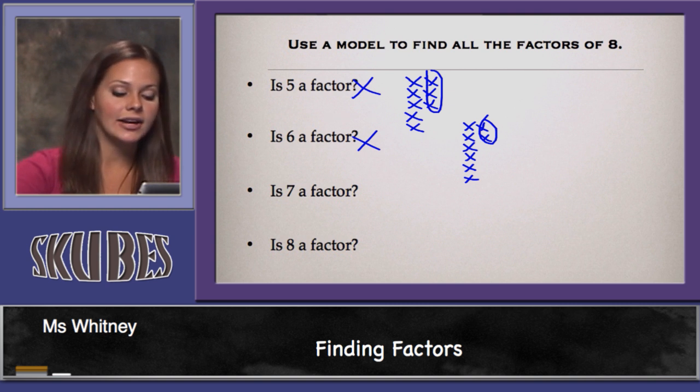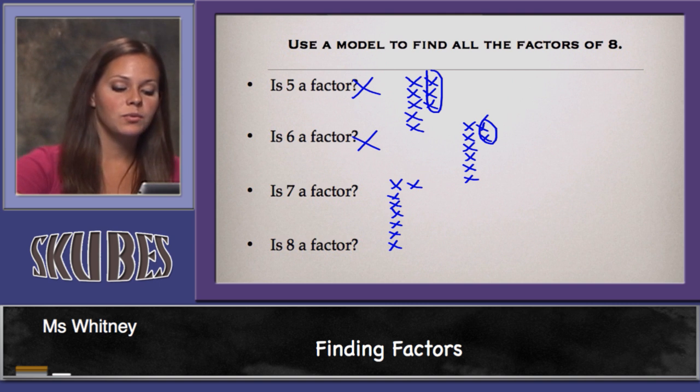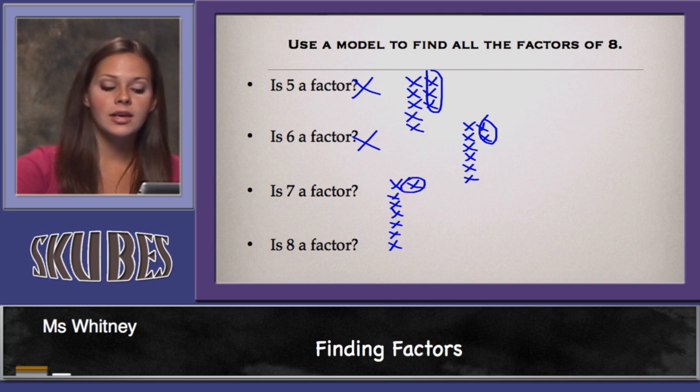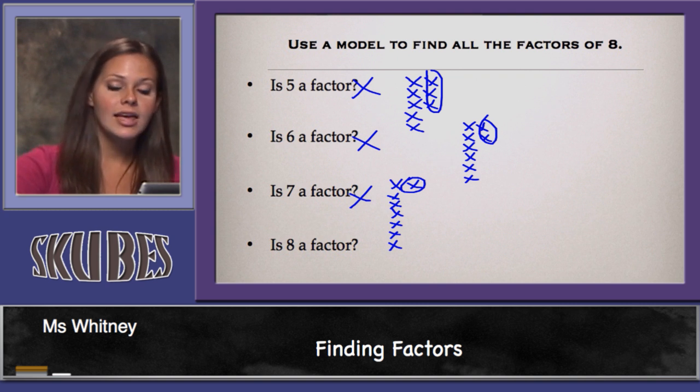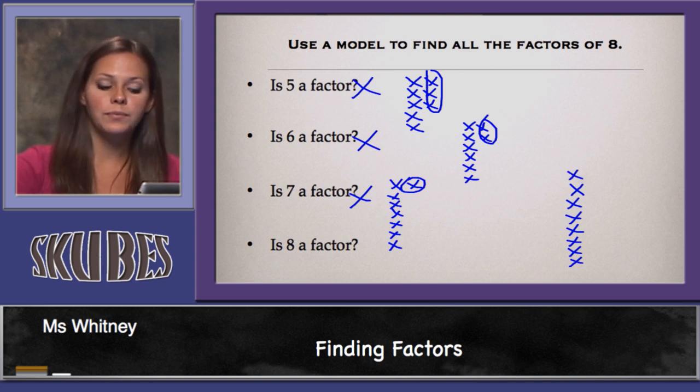Let's see if 7 is a factor. First, let's model. We made 7 rows. We have 1 left over. So 7 is not a factor of 8. Is 8 a factor of 8? We'll make 8 rows with 1 in each row. 8 times 1 is 8.